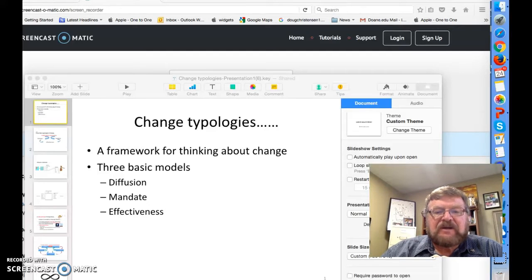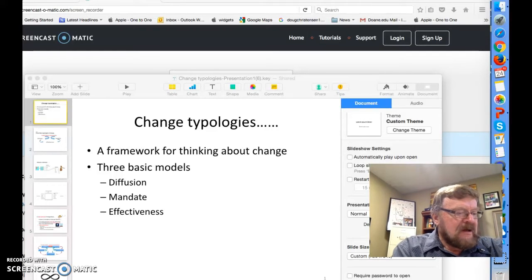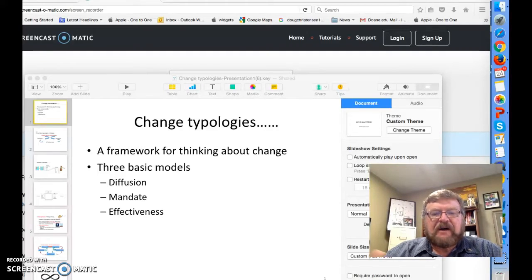This is about change typologies, a very brief presentation on the basic categories of change models. A typology is a set or a subset, and there are basically three subsets of change models that you can classify all the change models into.